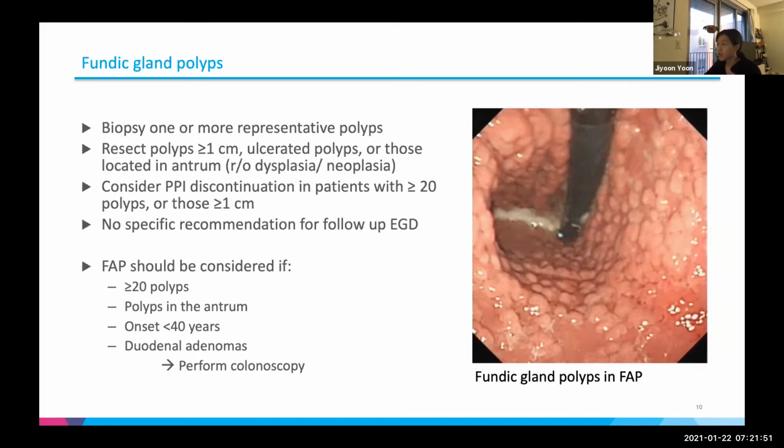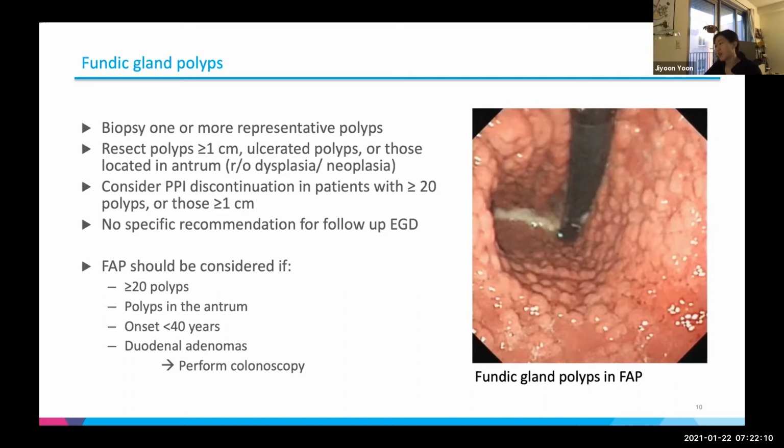You can consider PPI discontinuation in patients with many polyps or those greater than 1 centimeter, and that's been shown to regress fundic gland polyps. There aren't any specific recommendations for follow-up EGDs for fundic gland polyps.